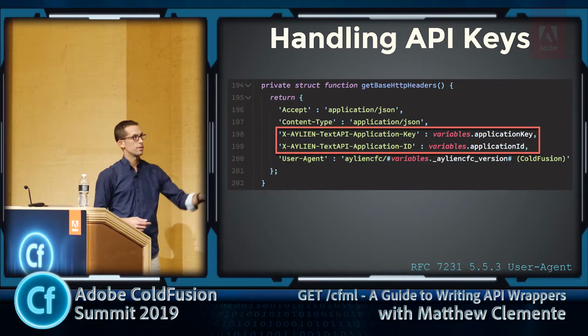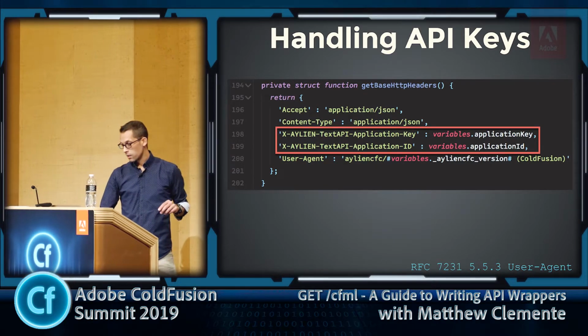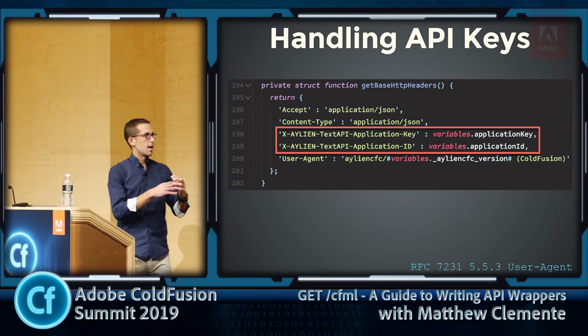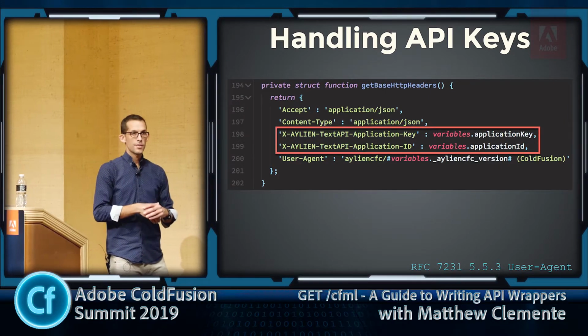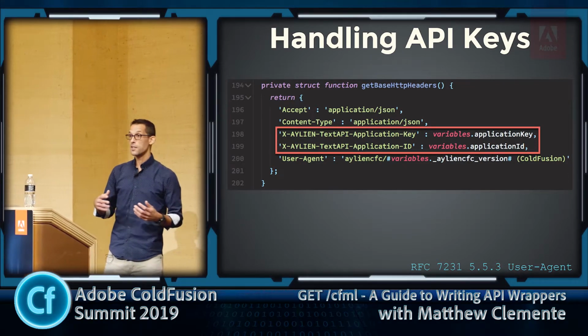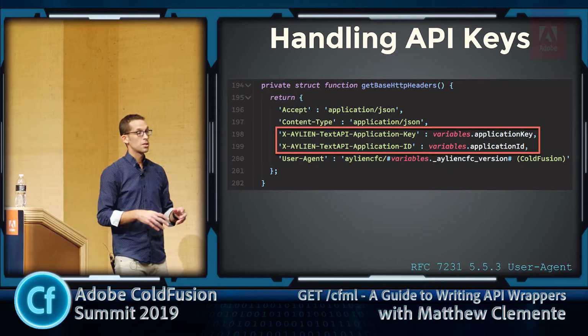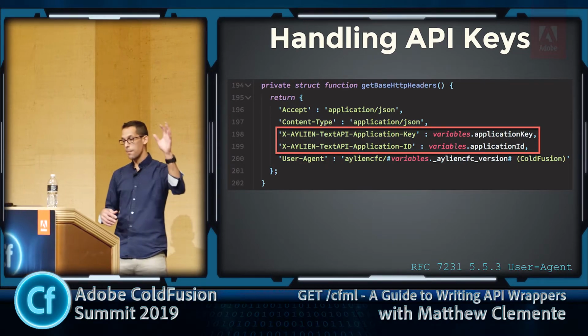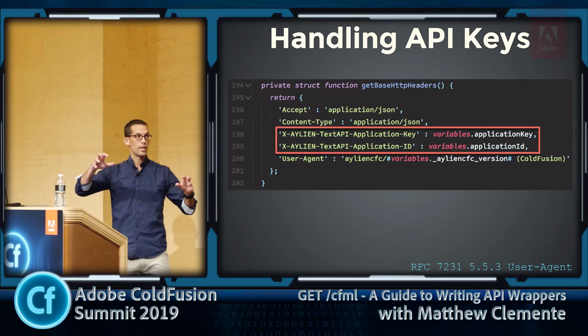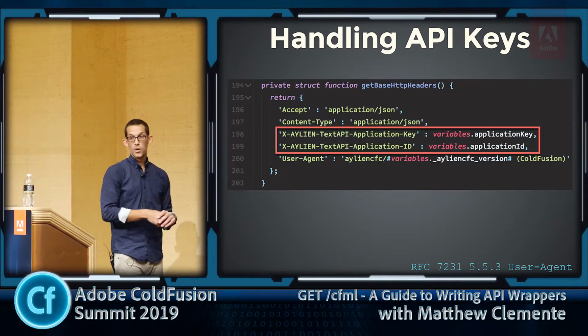One additional note here, you see I have this user agent header that I'm passing. As I was working on this, I found out that there's an official RFC spec for user agents that says user agents should be included in HTTP requests. They have an official format. It's the application and then the version of the application, and then you can put comments after that, which was news to me.